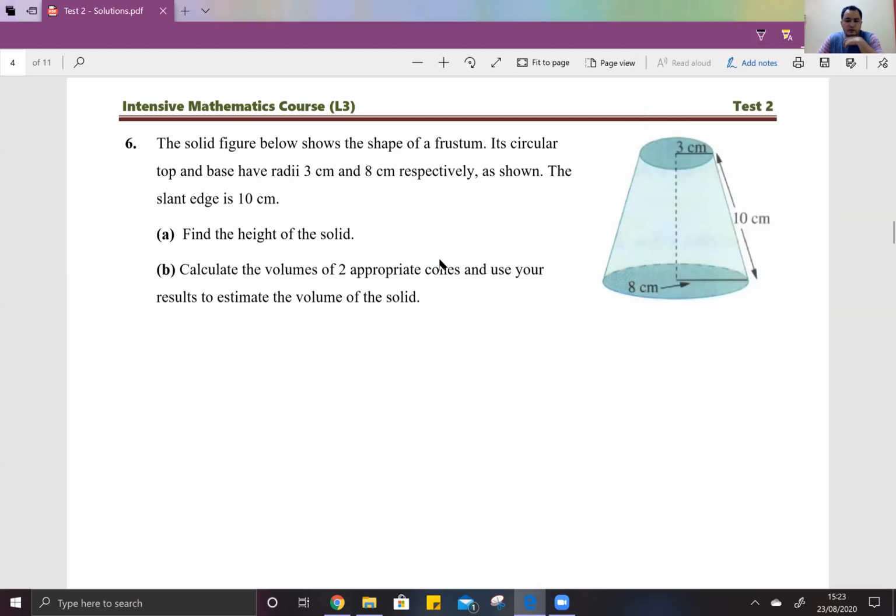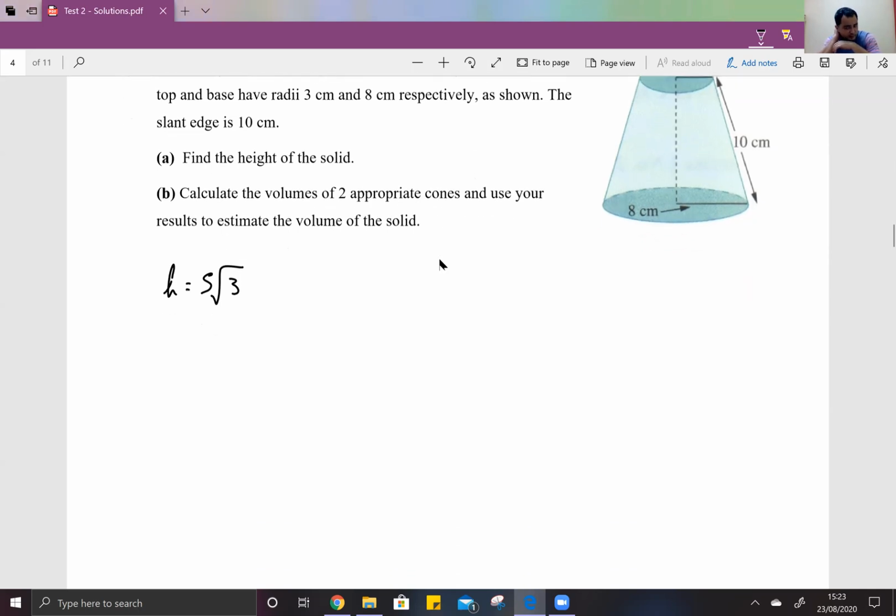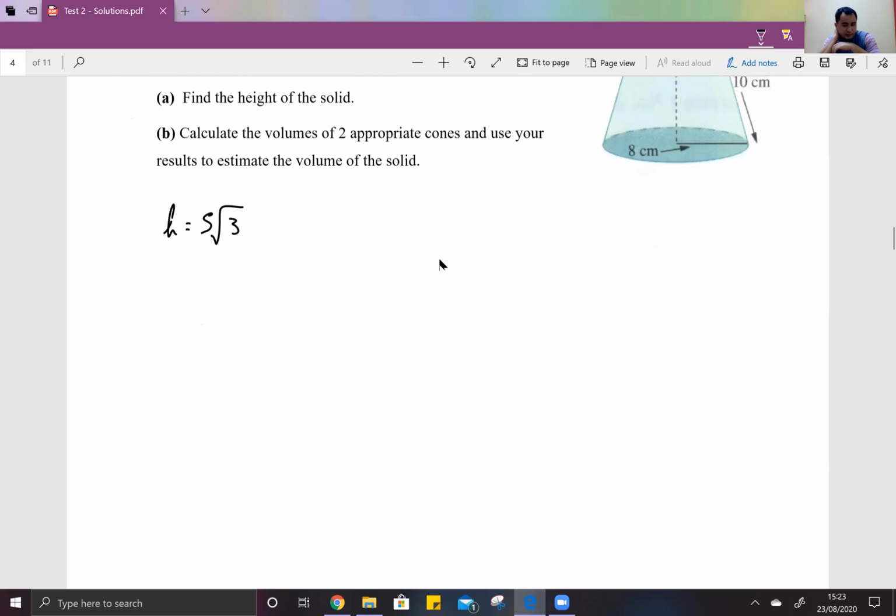Okay, let's just write next to A. Okay, we know the heights. 5 times square root of 3. Okay. So now you got the idea. We know how to do this.